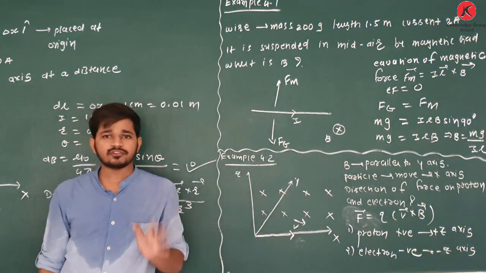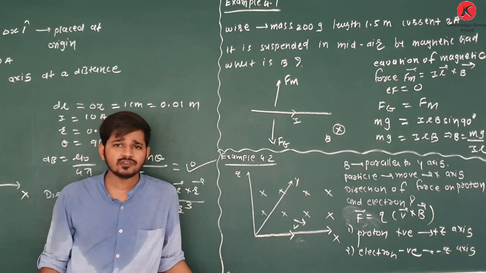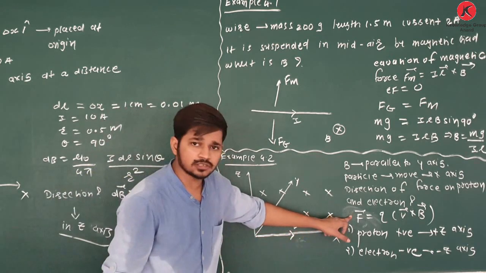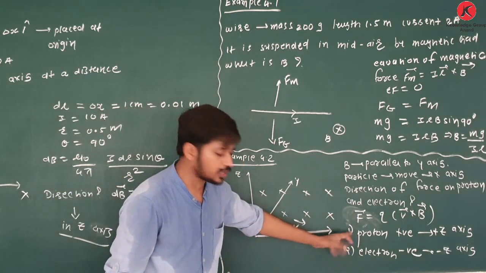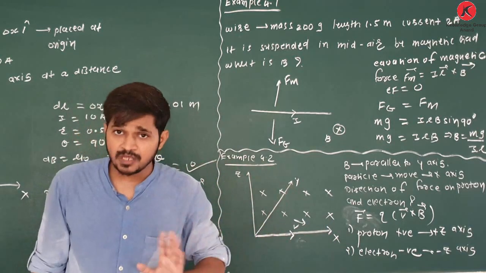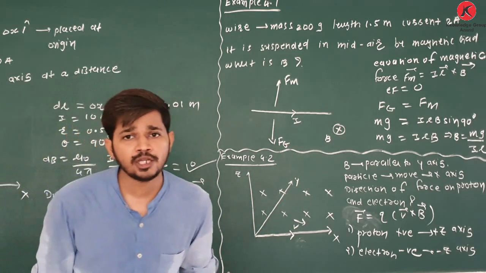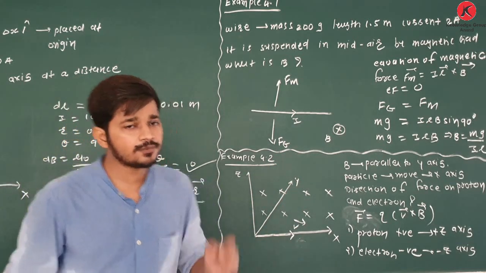Clear about this? In this equation you have to write like this. Magnitude varies, but for positive and negative charge, the direction will be opposite. Clear about it? Right.